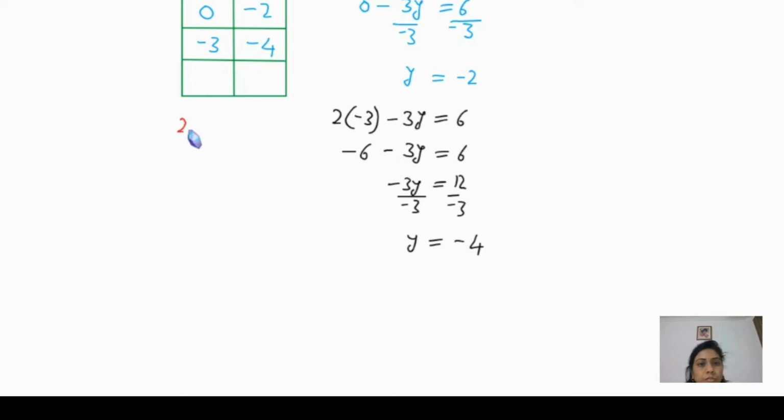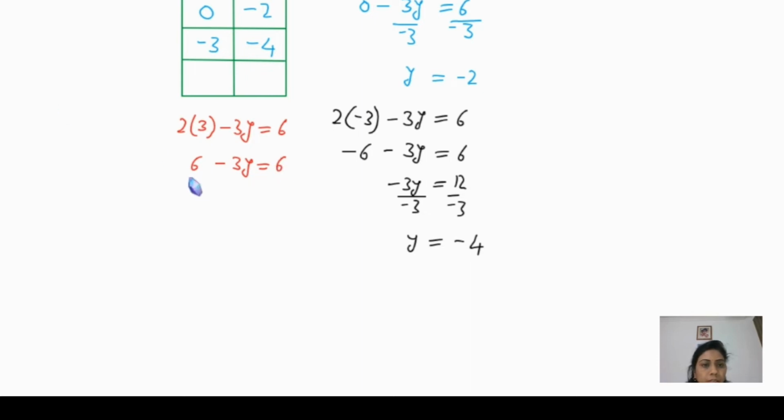Now we can put 3. You can choose any number, just be careful that the y value is an integer. Okay, 2 times 3 is 6, minus 3y equals 6.